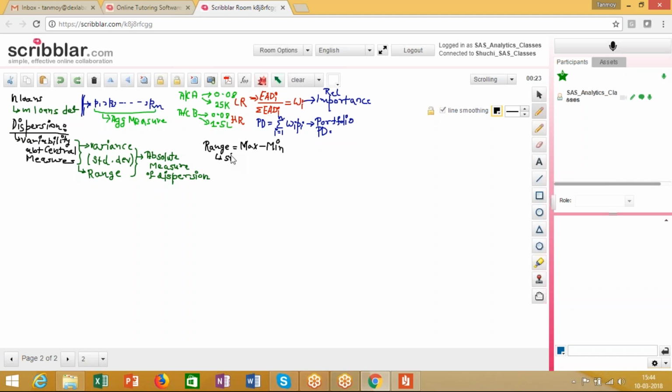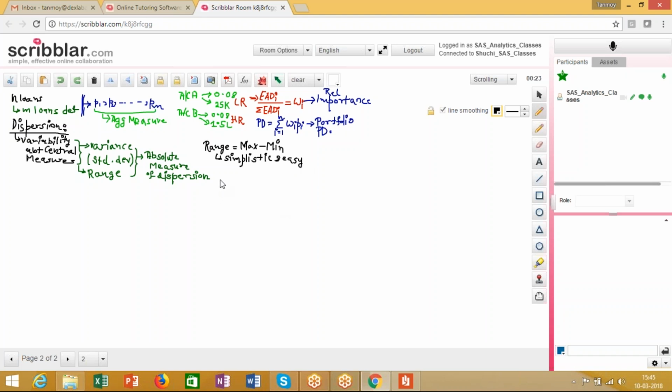It's very simplistic in nature, in definition, and it's algebraically stable, and you can very clearly compute the measure. It's simplistic and easy to compute.